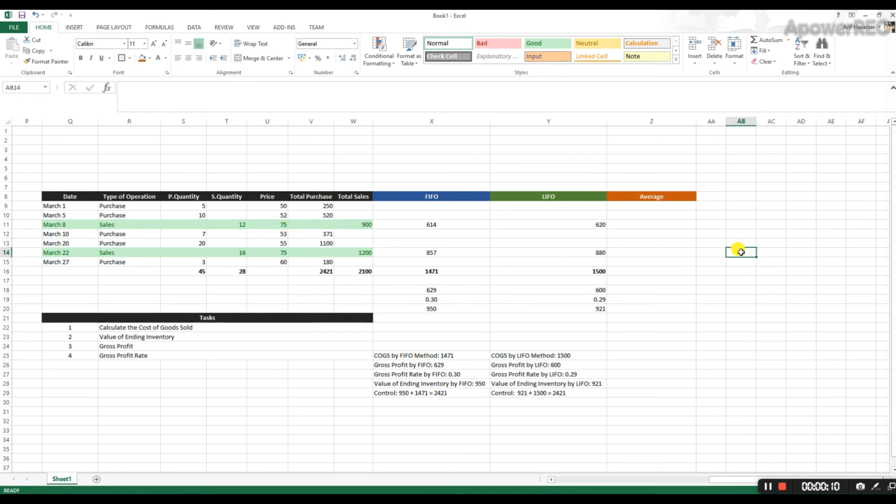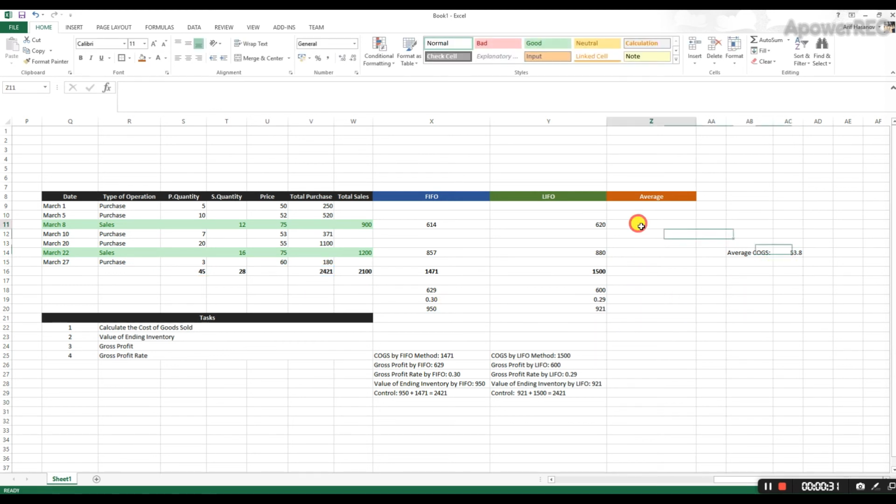So here, average cost of goods sold is, of course, total purchase divided by purchase quantity, 53.8.